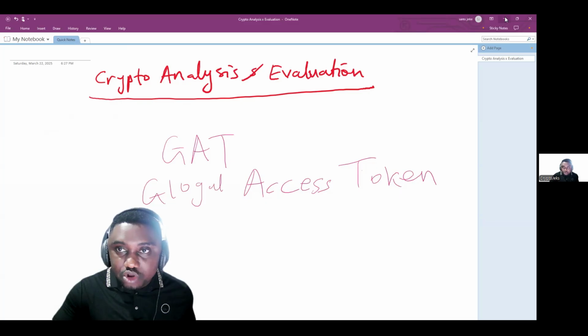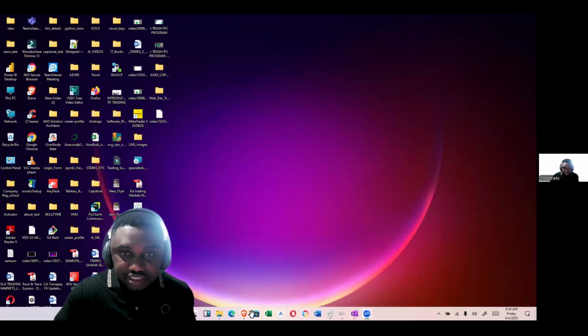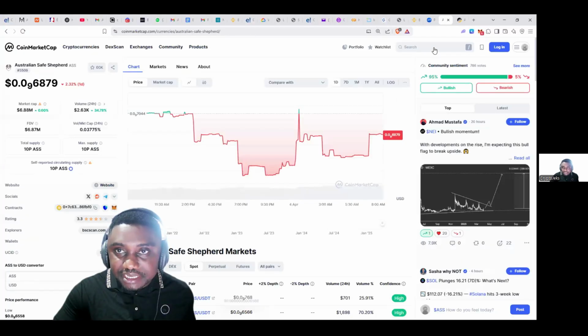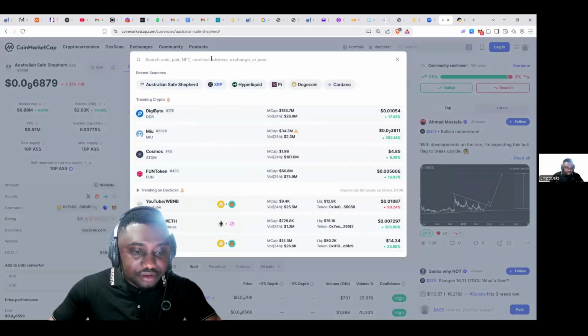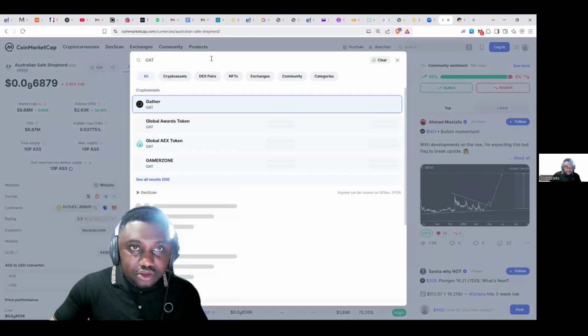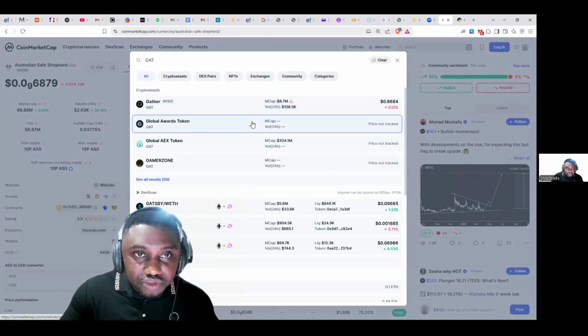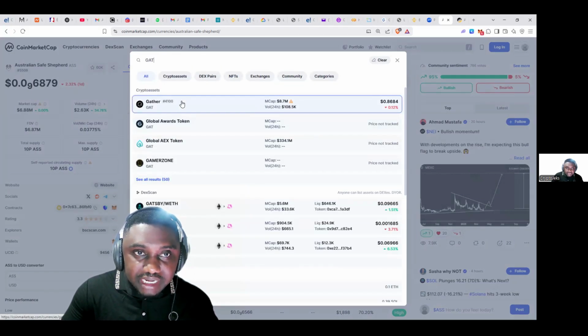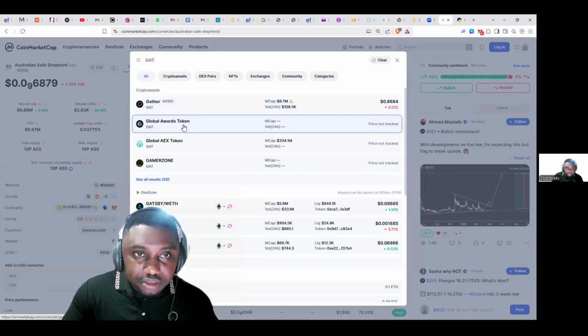Now, if you check CoinMarketCap, you'll see that GAT has not been listed here, neither is it listed on any other public platform yet. What you're seeing here is Gather. Gather is not what we are looking at. This is Global Access Token.